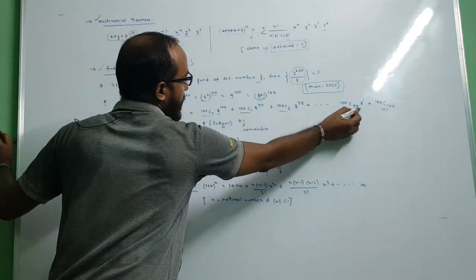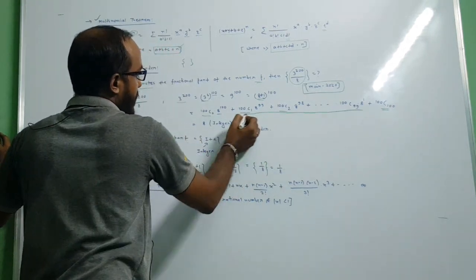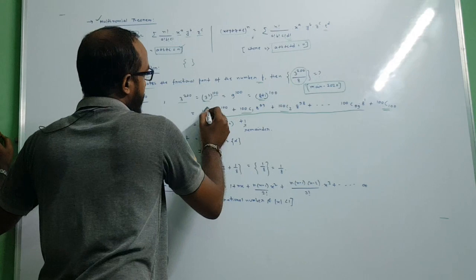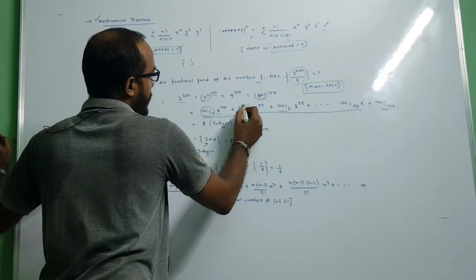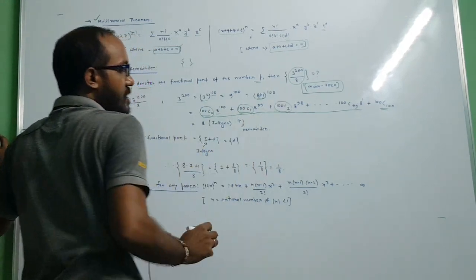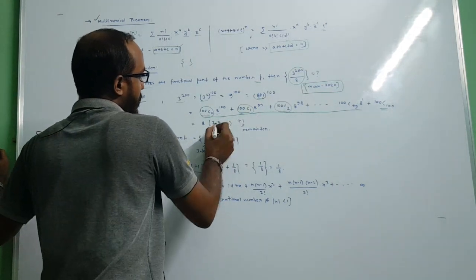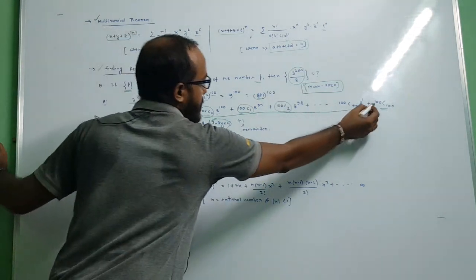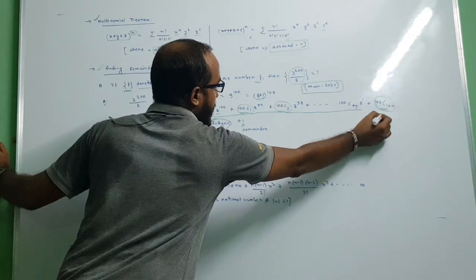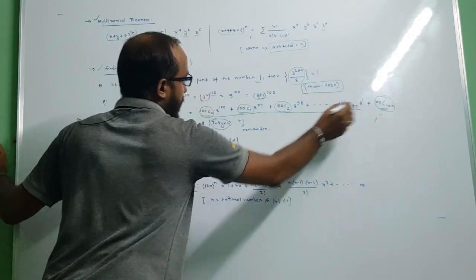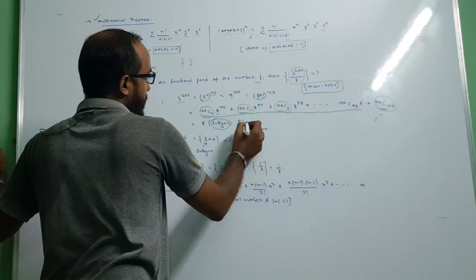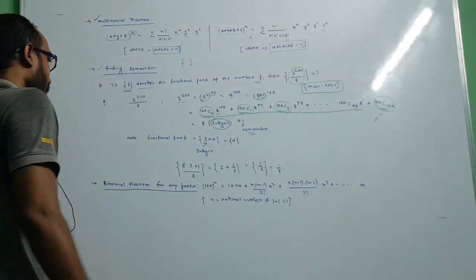Now if you take 8 common from this whole term, you will remain with nC0, nC1, nC2, all these terms are integers. So if you take 8 common, you will get an integer here, and this 100C100 means 1, right? nCn means 1. So 100C100 is 1, so we will get 1 as a remainder.